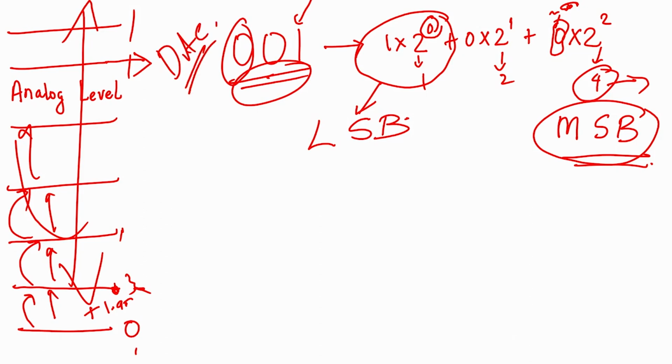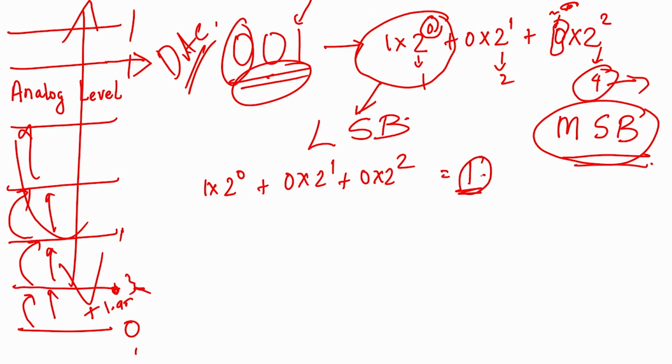So, we are doing digital to analog conversion, correct. So, now we have done this. What does this correspond to? 1 into 2 raised to 0 plus 0 into 2 raised to 1 plus 0 into 2 raised to 2 is what? 2 raised to 0 is 1, that is 1. But what we have to do?